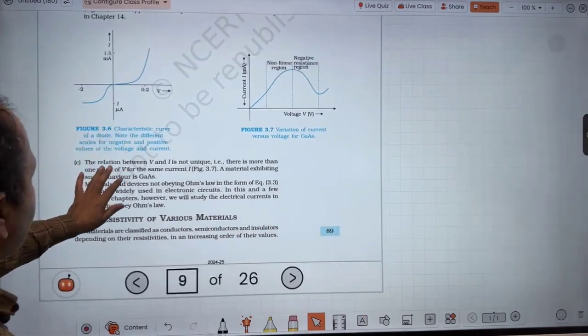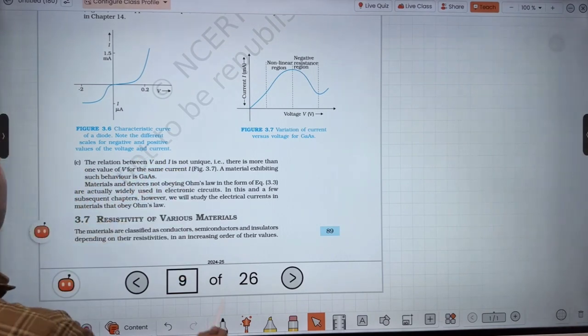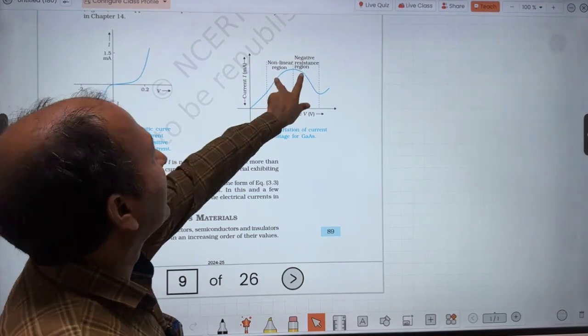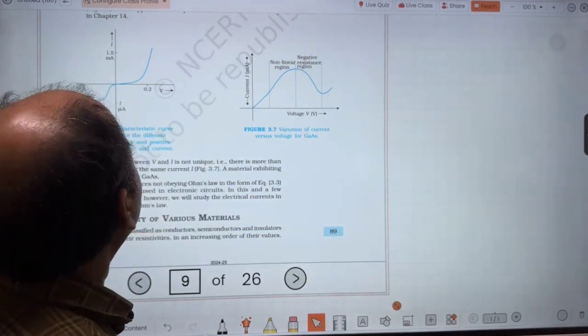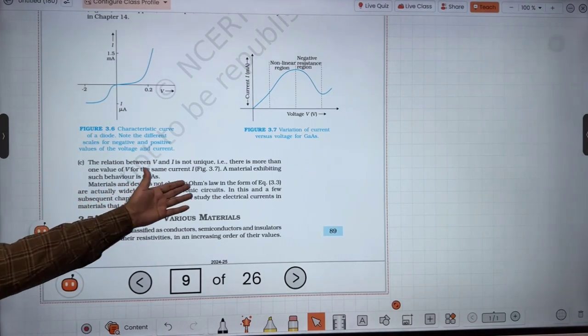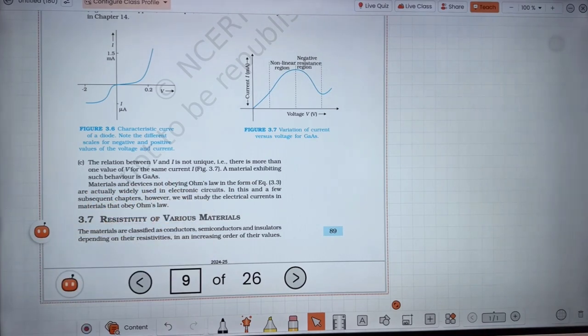Let's see some more concepts. The relation between V and I is not unique. There is more than one value of V for the same current here. If you observe at this point, the current will be the same, but the voltages are different. Materials and devices not obeying Ohm's law in this form are actually widely used in electronic circuits.